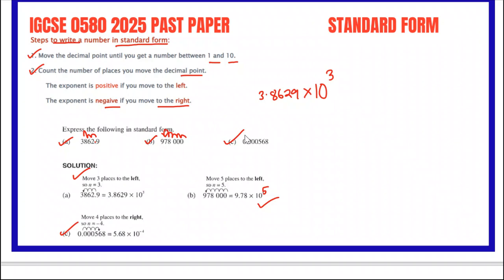If you move 1, 2, 3, 4 places to the right, we can write 5.68 times 10 to the power of negative 4. We are using a negative because we are moving this decimal 4 units to the right.